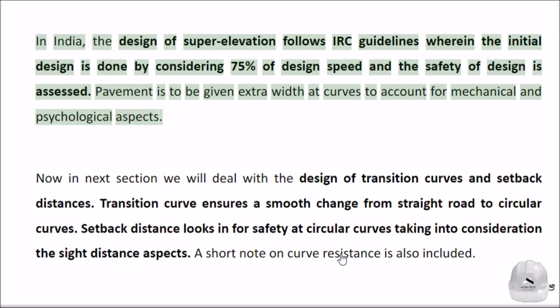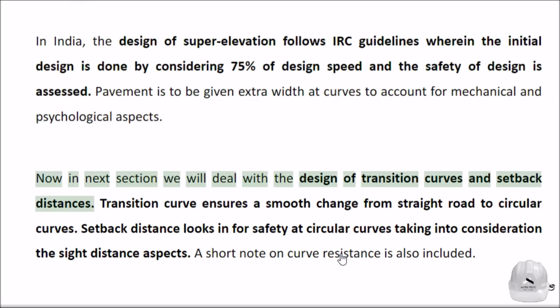In India, the design of superelevation follows IRC guidelines, wherein the initial design is done by considering 75% of design speed and the safety of design is assessed. Pavement is to be given extra width at curves to account for mechanical and psychological aspects.